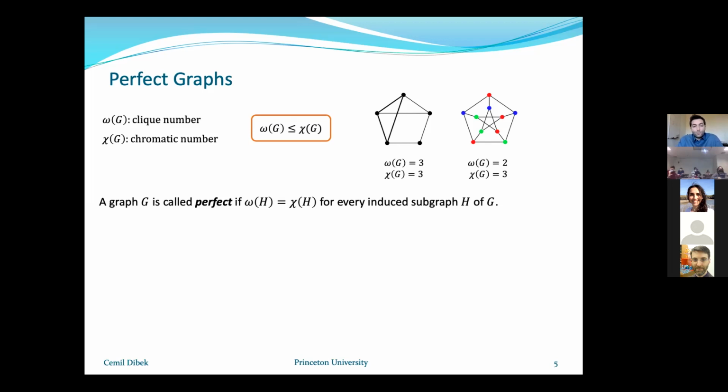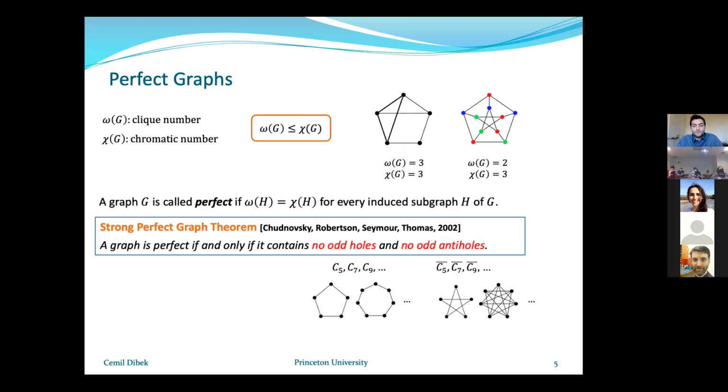And one important result about perfect graphs is this one that I introduced in the pre-seminar. This is called the perfect graph theorem. And it gives a structural characterization of perfect graphs. It says that a graph is perfect if and only if it contains no odd holes and no odd antiholes. So odd holes are simply odd cycles of length at least 5, which we denote by C5, C7, and odd antiholes are their complements.